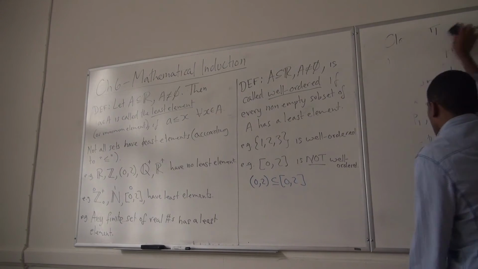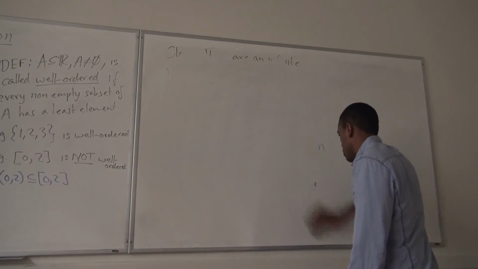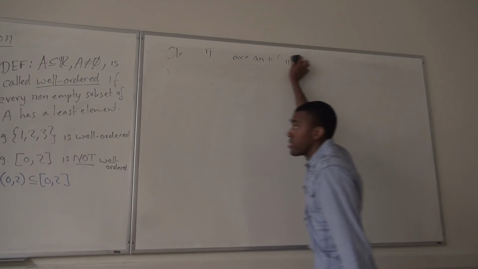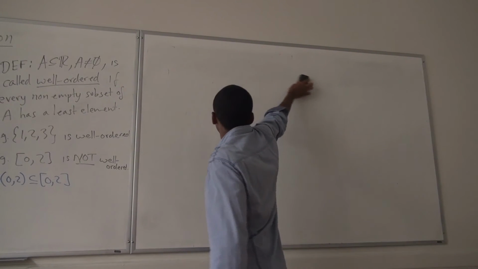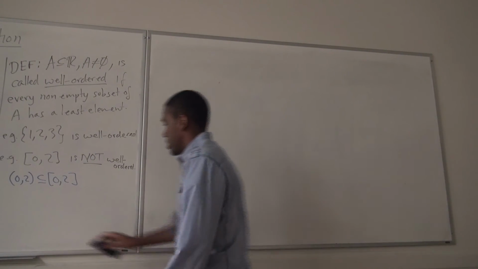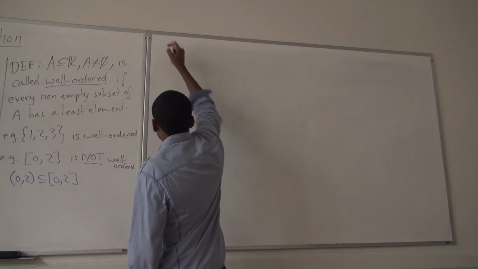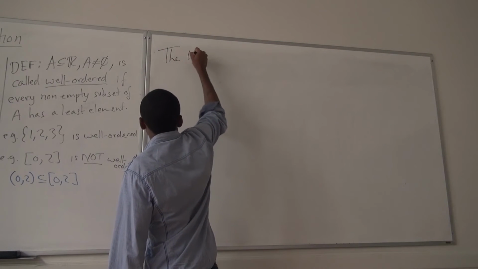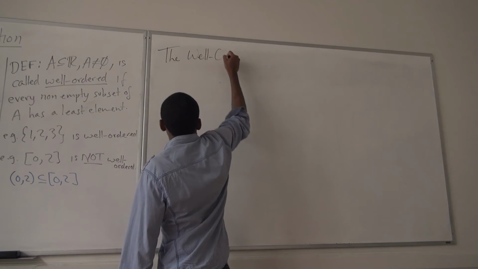And now we're going to talk about the well ordering principle, which for now we'll take as an axiom, because we actually haven't covered the math sufficiently to prove it.